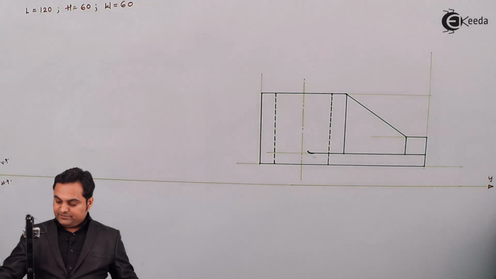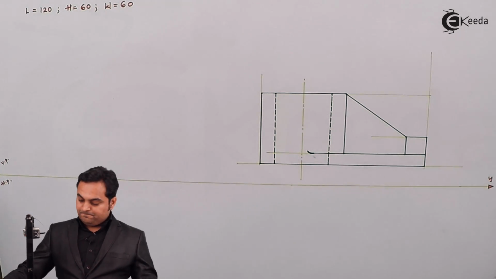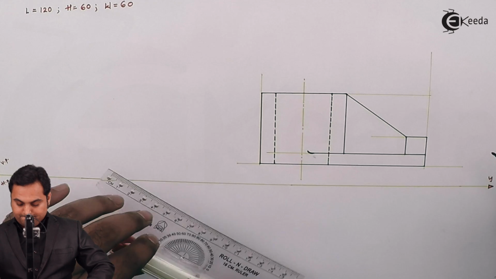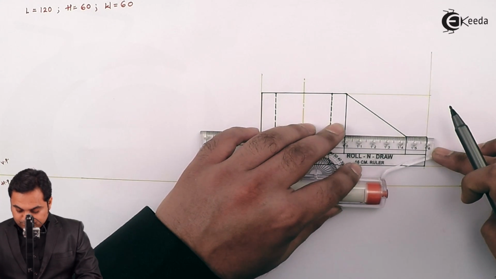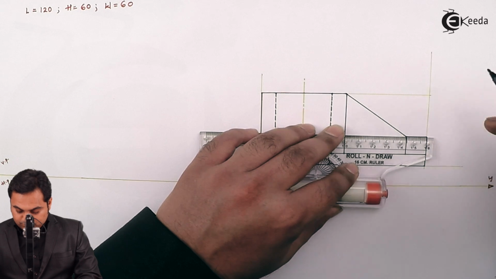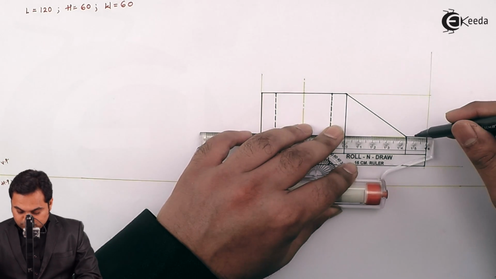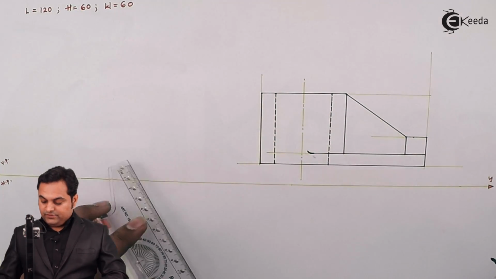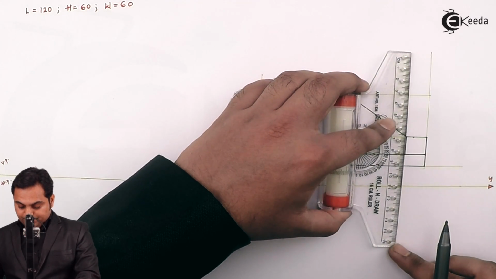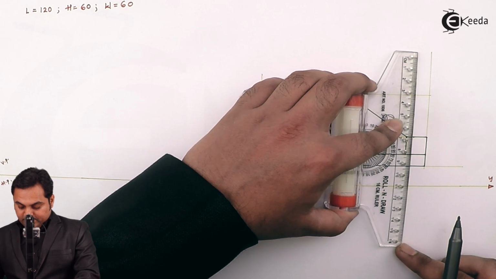So inside this semicircular part I'll measure 10 mm, and then draw a light vertical line through it.